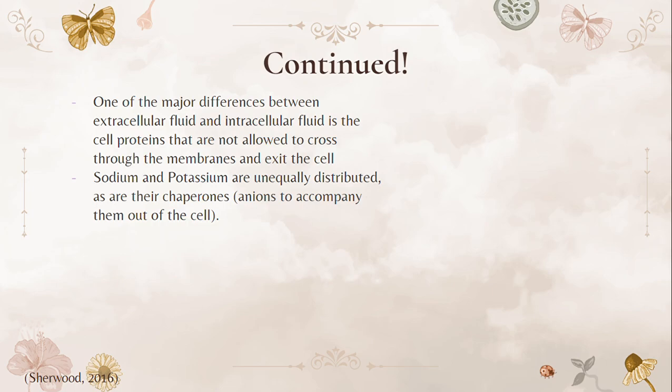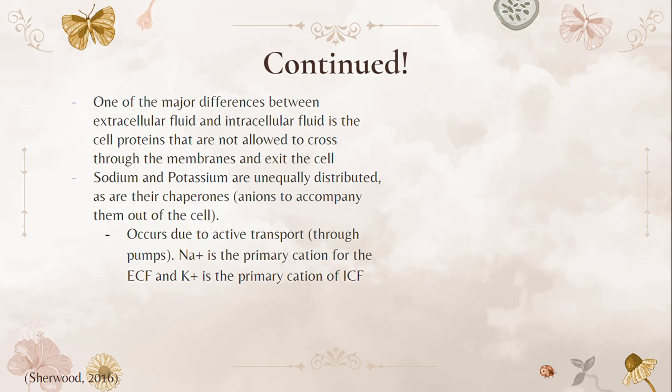Sodium and potassium typically aren't going to move by themselves. They're typically going to go with an anion to create an electrically balanced movement, and then move due to active transport.